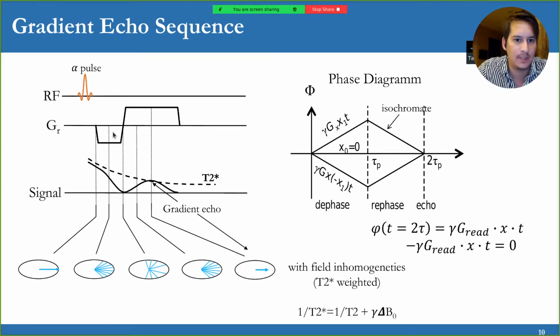And when you have basically the same area that you have here at this point, they will focus and make a gradient echo. And it's important that you understand at least this one, because the gradient echo sequence is the one that you will do in the homework.